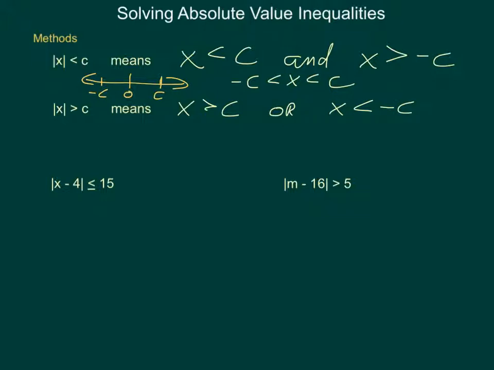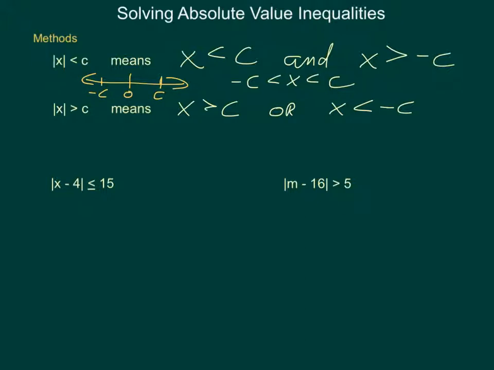So back to our number line, what I want is to be further away than c units from 0. So here's 0, here's my positive c, I want what's right of it. Here's negative c, I want what's left of it. I'm further out than that value.